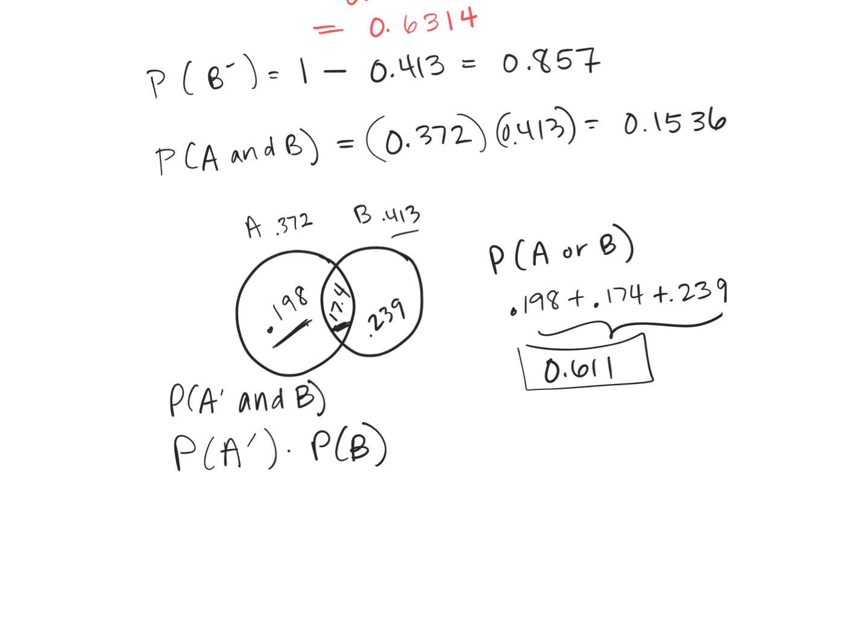Remember that A was 0.372. Again, they're dependent, but I'm just looking at that 0.372. So the probability of A complement is 1 minus 0.372, and then times the probability of B, 0.413. This ends up being 0.628 times 0.413, which is equal to 0.2594.